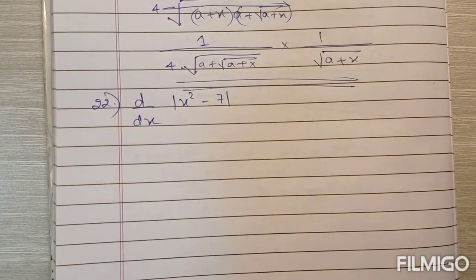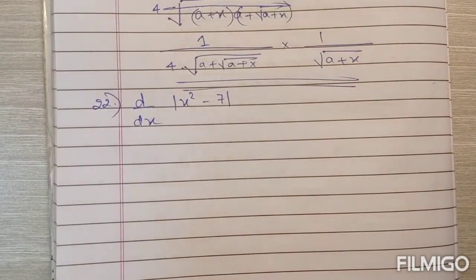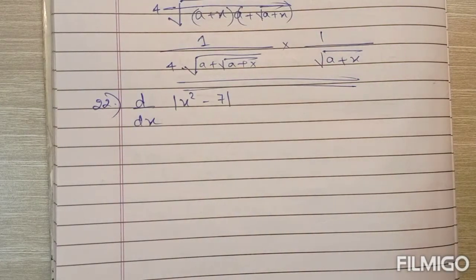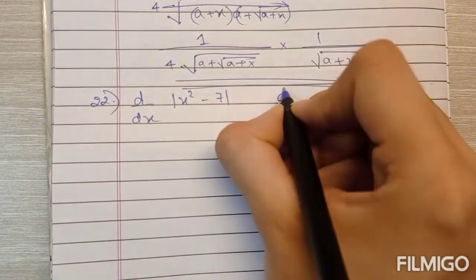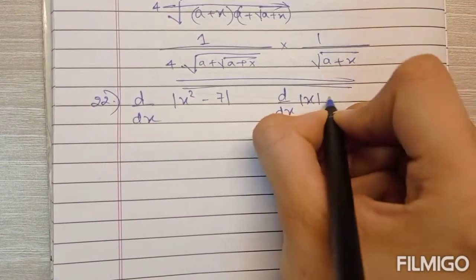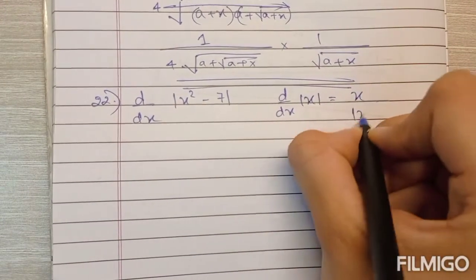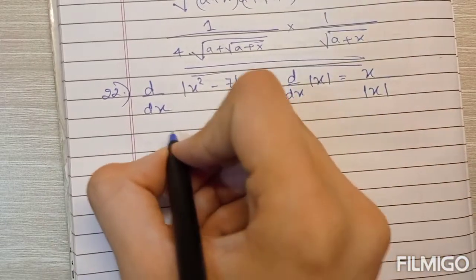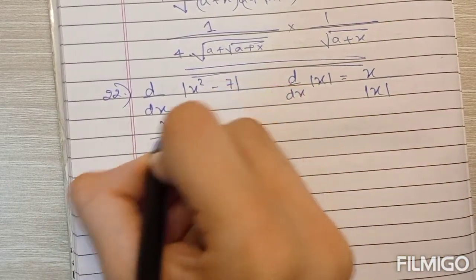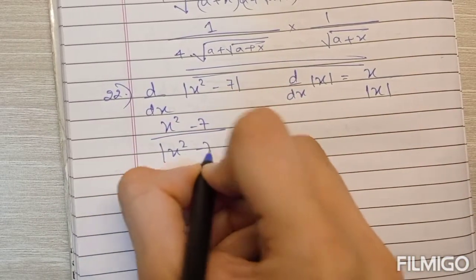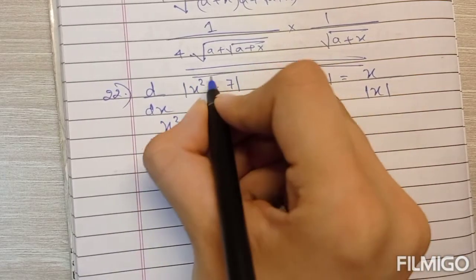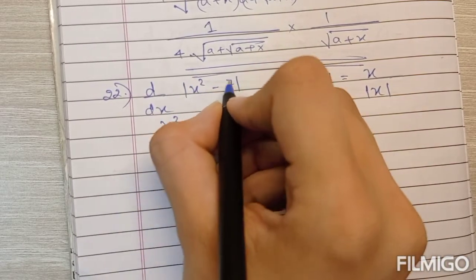Next, we have the differentiation of mod of x square minus 7. And as stated on page 811, chapter 811, the differentiation of mod x is x upon mod x. So we have x square minus 7 upon mod x square minus 7, and now we have to differentiate x square minus 7 because this was our first term.